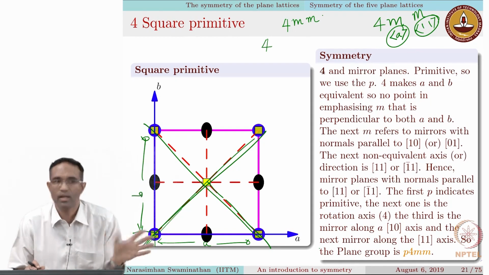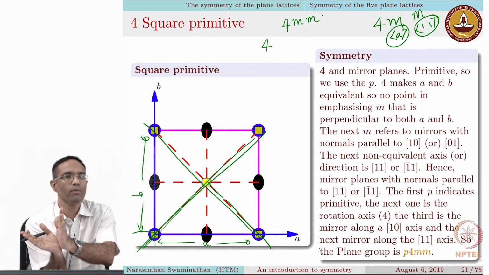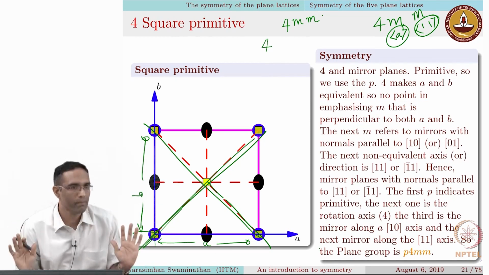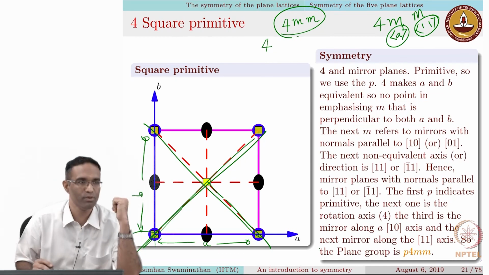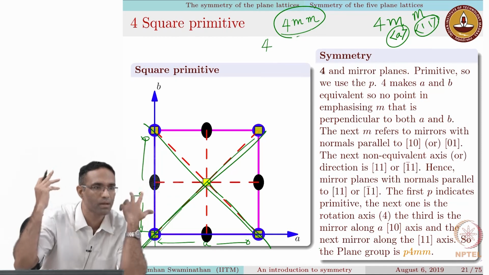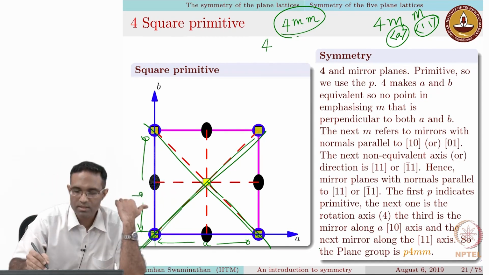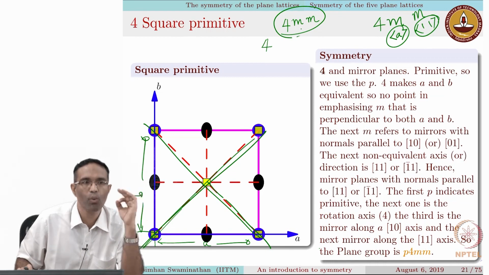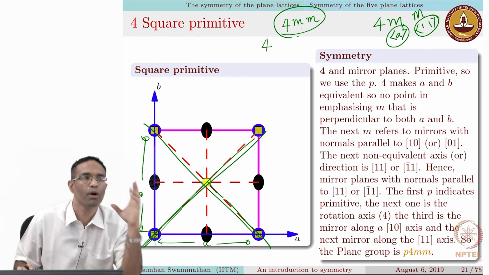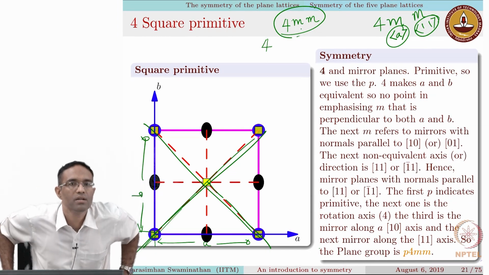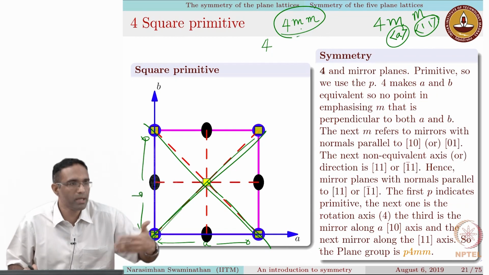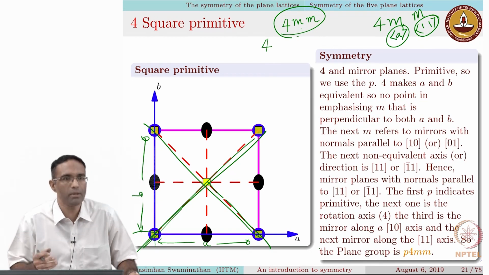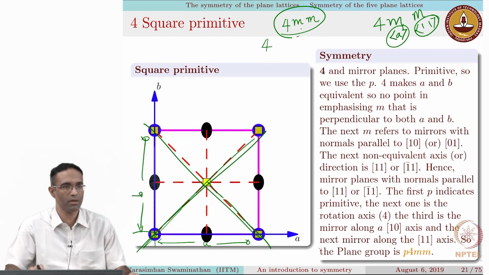When you see 2 and nothing else, you will know that the only thing you can work with is the oblique parallelogram. So if I give you the space group of some complicated crystal structure, these symbols tell you what unit cell is appropriate to construct the entire crystal, just by looking at it carefully. In 3D it becomes a little bit more complicated because other things come in, but this is the basic idea.